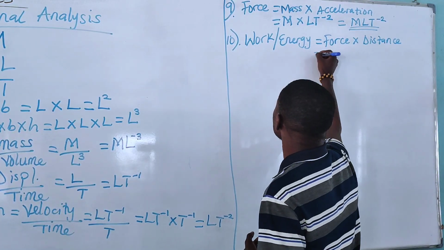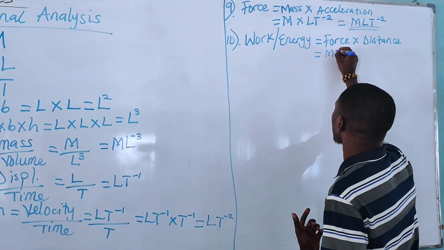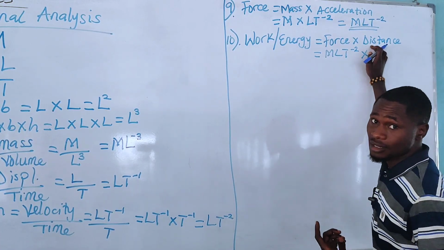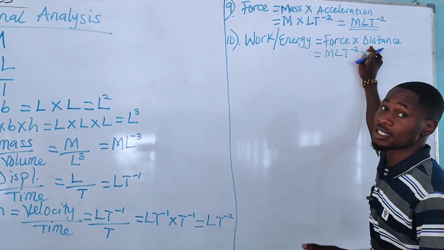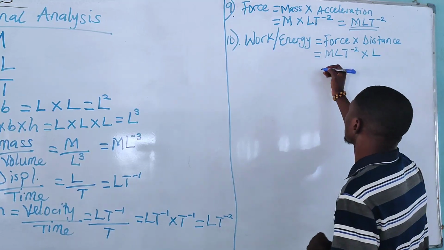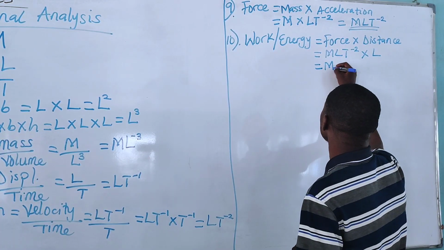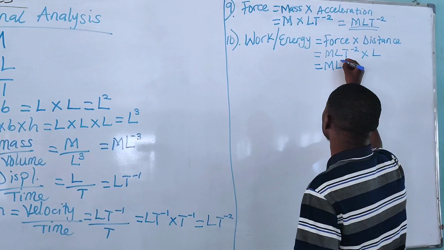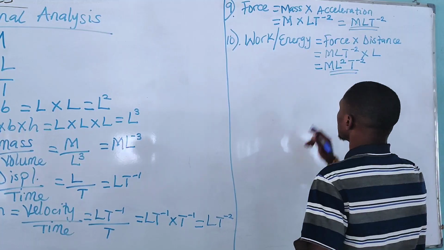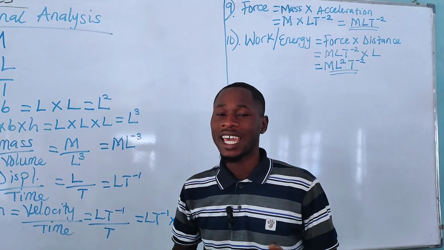The dimension of force we know is M L T to the power minus 2, times distance. Distance also has the dimension of length, capital L. Multiplying from indices, we have M, L times L gives L squared, then T to the power minus 2. So that is the dimension of work and also the dimension of energy.